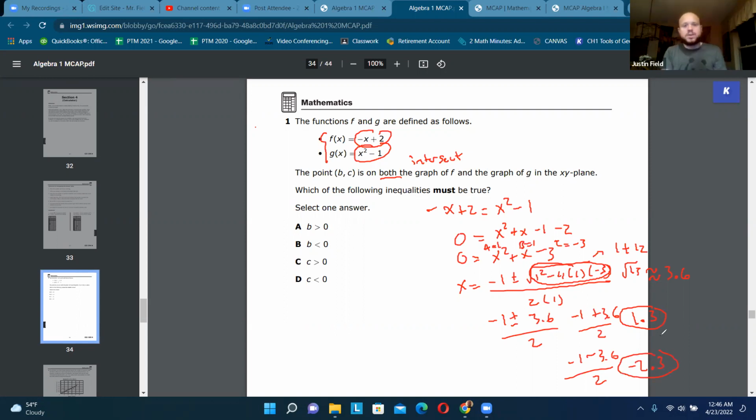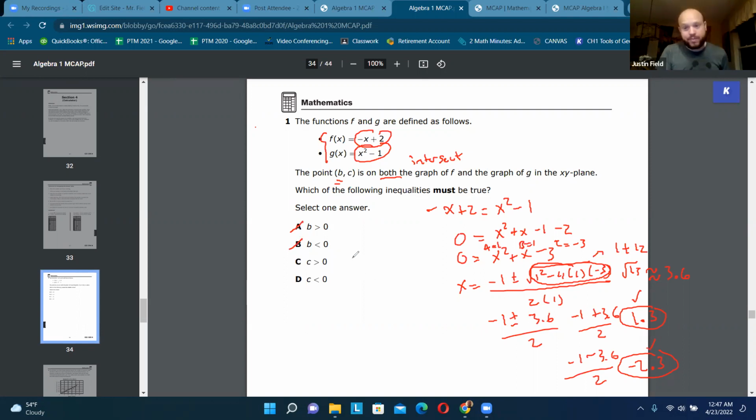Those are the solutions, so those are our x values of the solution. So that would be b. What must be true? Select one answer. For b, there's a positive value and a negative value, so b does not have to be greater than 0. It doesn't have to be less than 0.